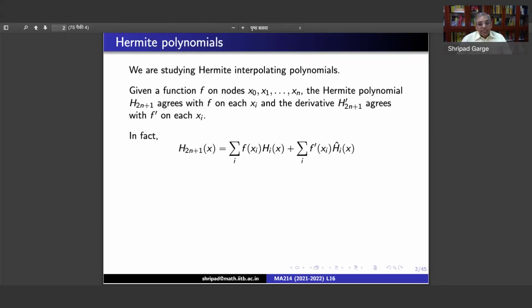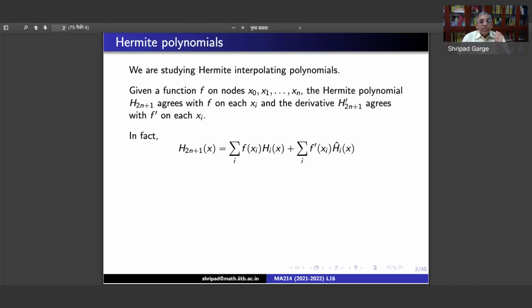These hi and hi hat are solutions to some very special cases of this problem. And so you simply take their sum with corresponding coefficients to be f of xi and f prime xi. So f of xi are the coefficients for hi and f prime xi are the coefficients for hi hat. So this is what we do.